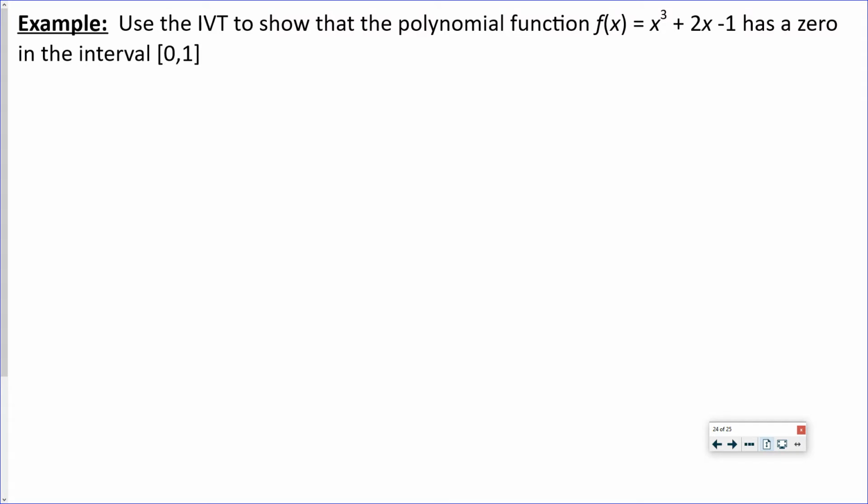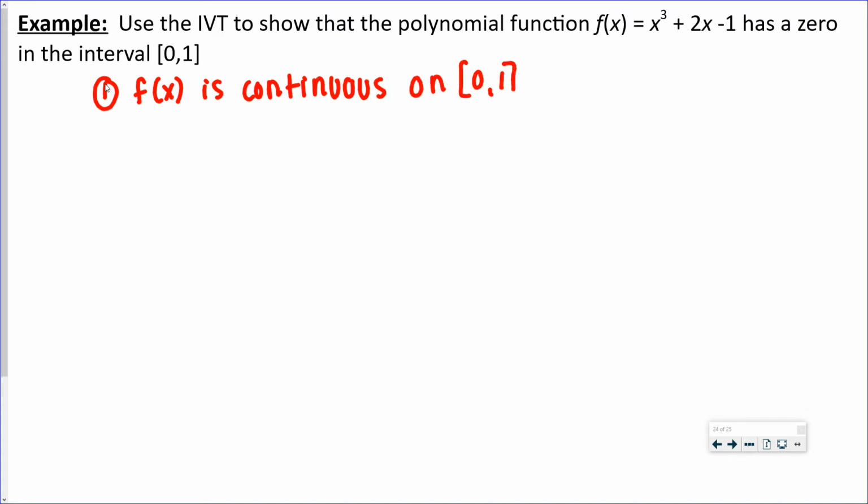Here's the first one. Use the intermediate value theorem to show that the polynomial function f of x equals x cubed plus 2x minus 1, okay, we got a cubic polynomial function here, has a 0 in the interval from 0 to 1. All right, first thing we have to prove or state is that our function's continuous on the closed interval 0 to 1. We know our function is continuous on the interval 0 to 1 because that's a polynomial function.